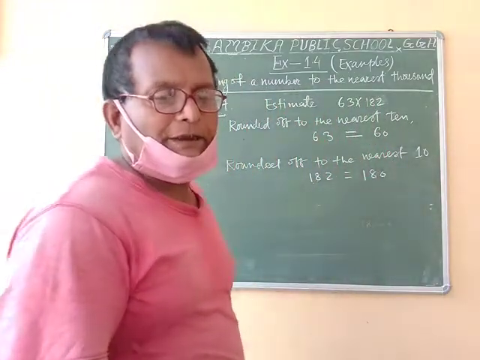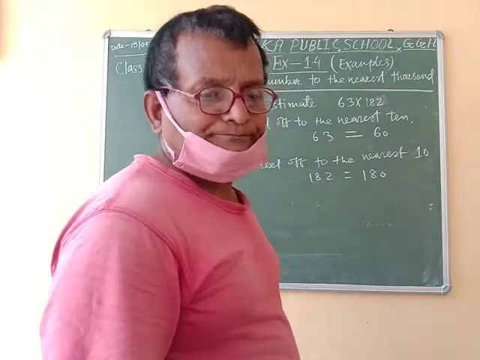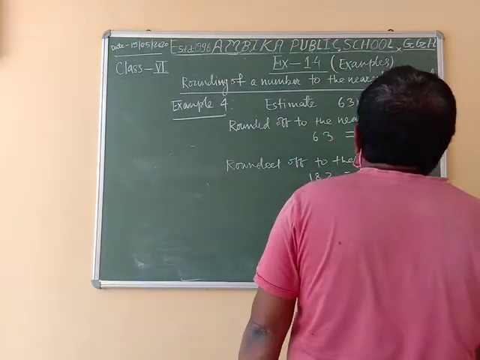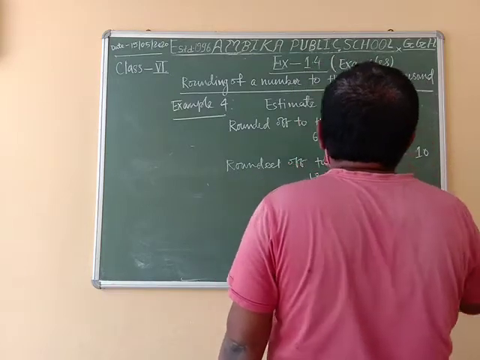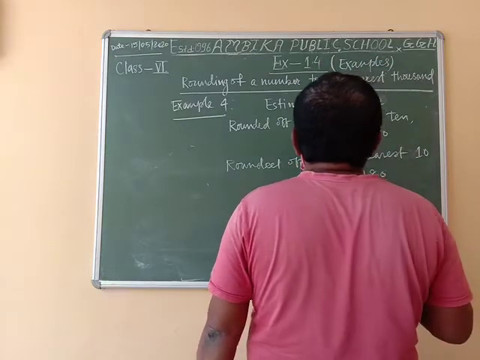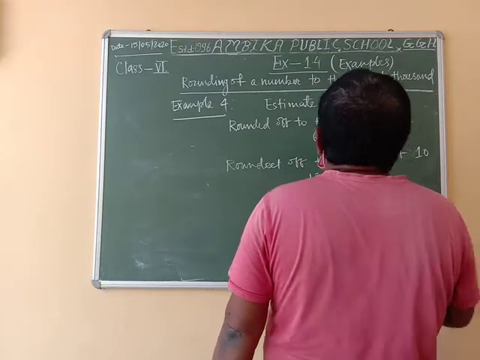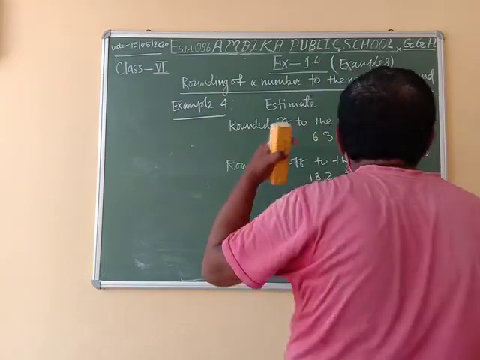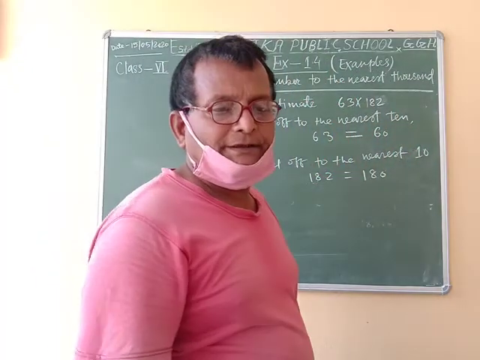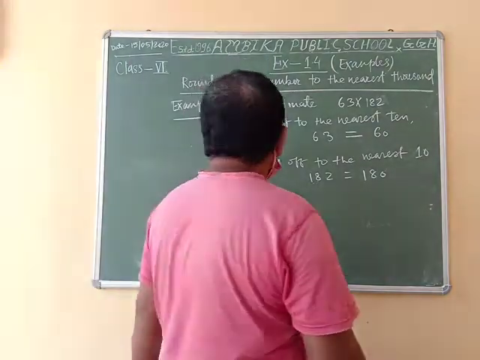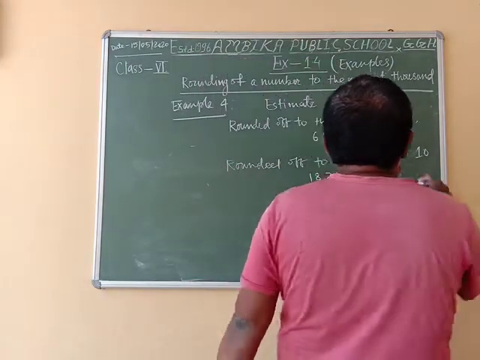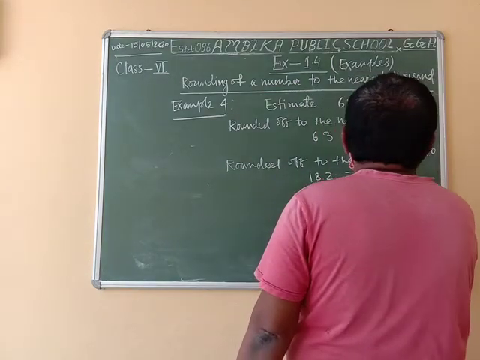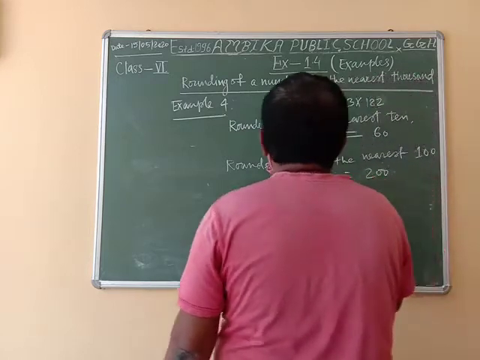And after that we multiply. 63 is equal to 60, and 182 rounded off to the nearest 100 is equal to 200.